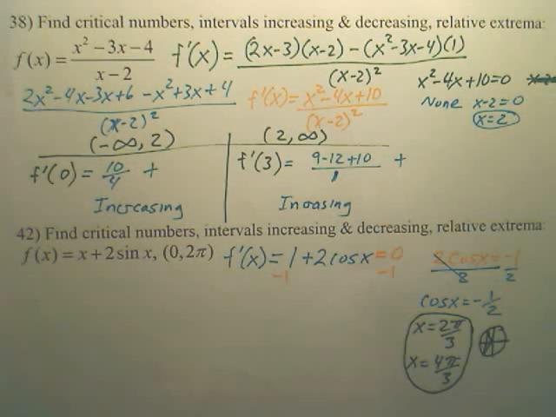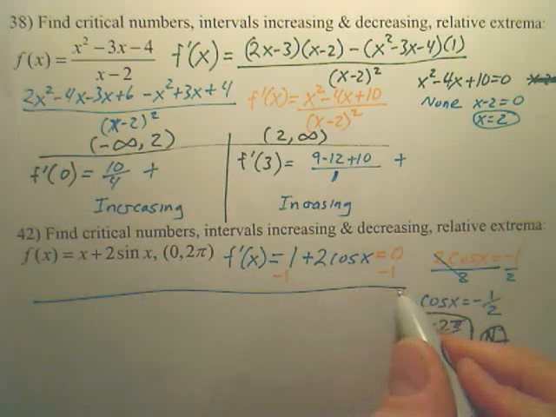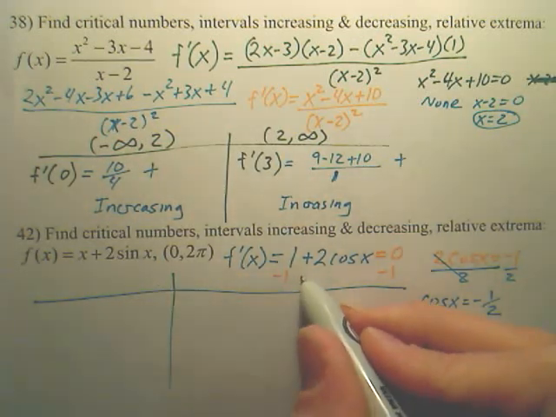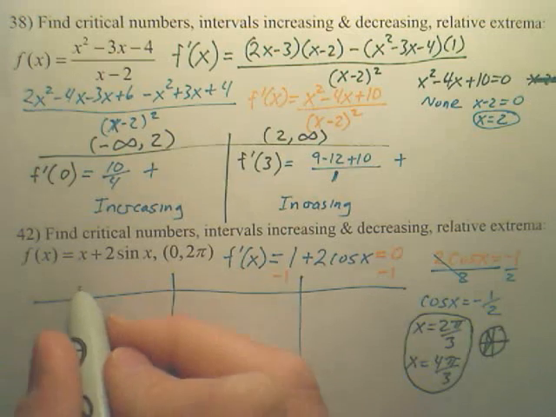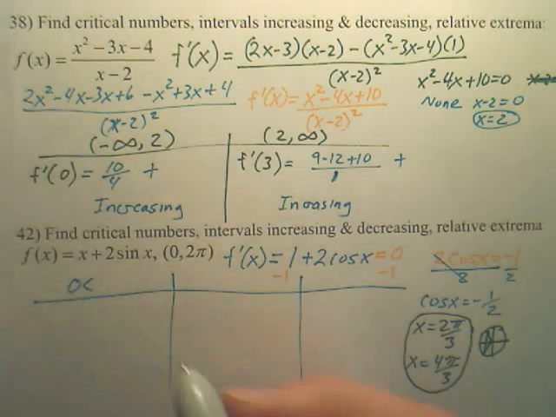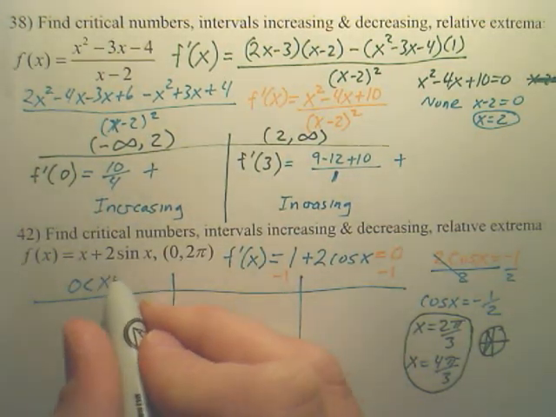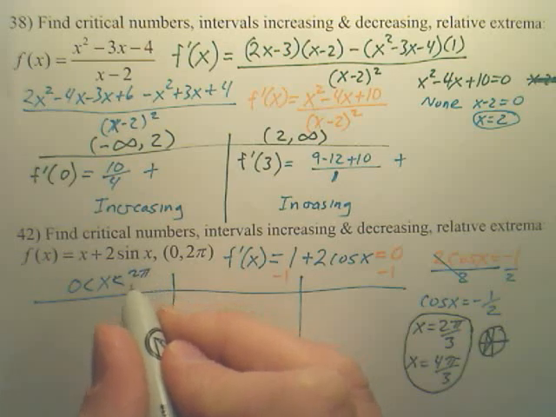Okay. For the interval, we're going to make a table with these as my breakpoints. So we're going to have 2 breaks. My first interval goes from 0 to 2 pi over 3.